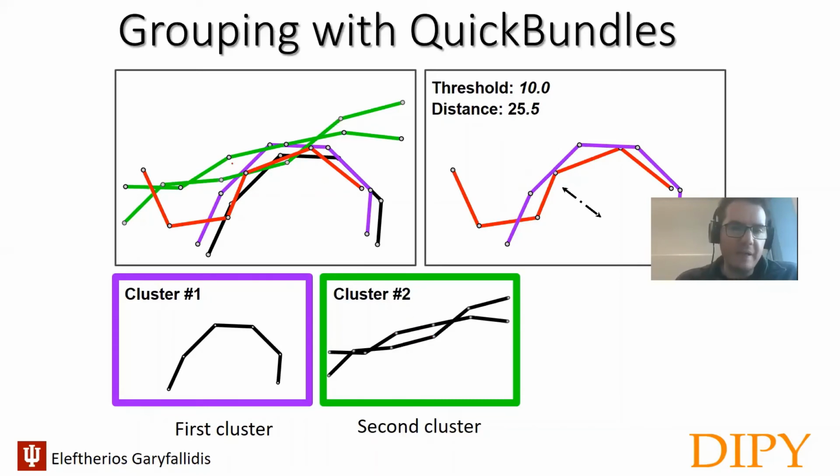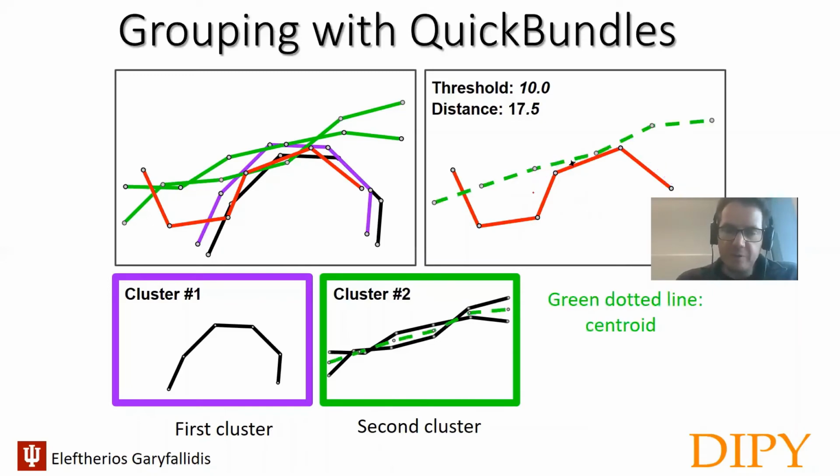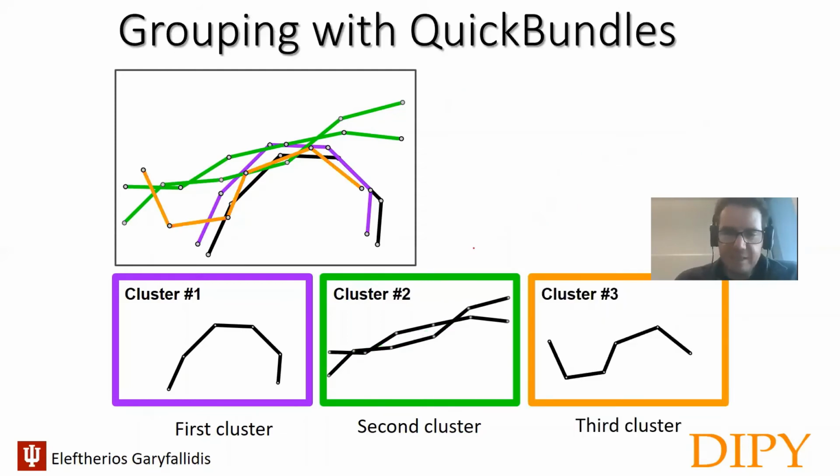Okay, let's now pick another streamline. We pick this streamline here, and we compare it with the centroid of the first cluster. We compare it with the centroid of the second cluster. You can see now this is quite different, so it's not close to any of those other clusters, and it becomes a third cluster.